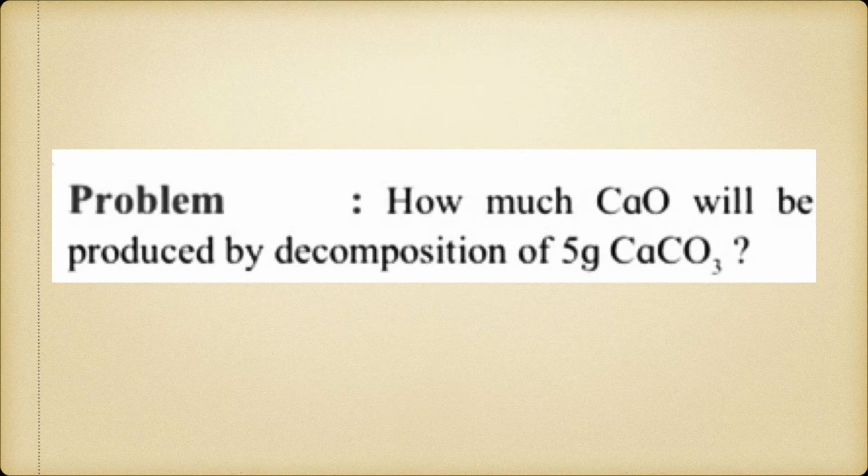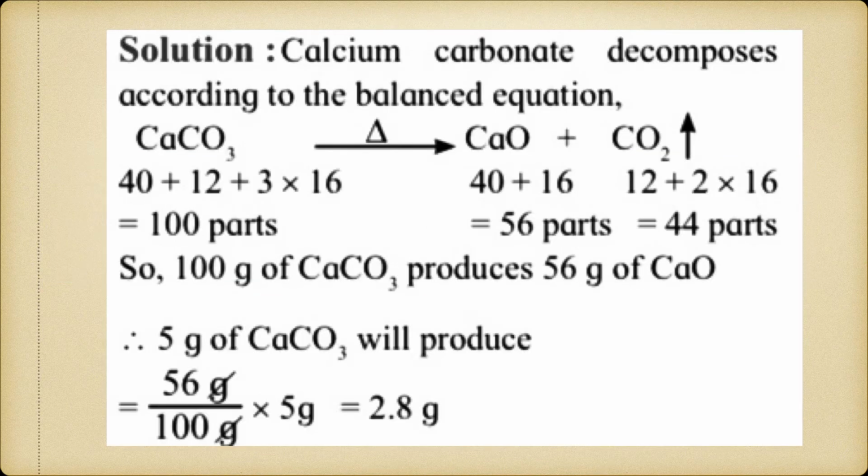Once the reaction is known, you just have to balance and write down its relative masses, and at the end the unitary method. So the first step is to write down the balanced chemical equation. Calcium carbonate decomposes to give calcium oxide and carbon dioxide. So CaCO3 gives CaO plus carbon dioxide, that is CO2.